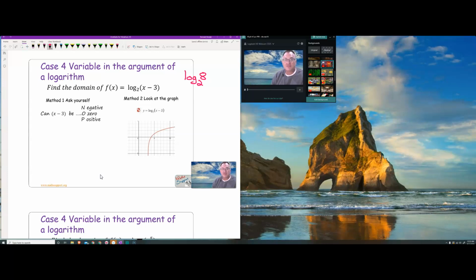This right here is a fancy way of writing 2 to what power is 8. So what exponent would you put on 2 to turn it into an 8? Well, the answer is 3.